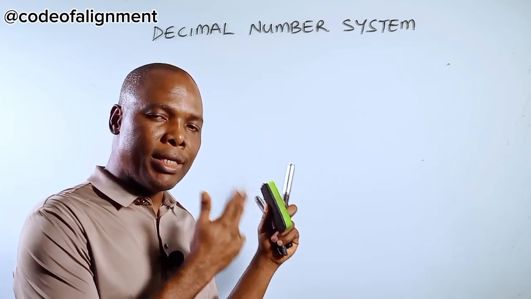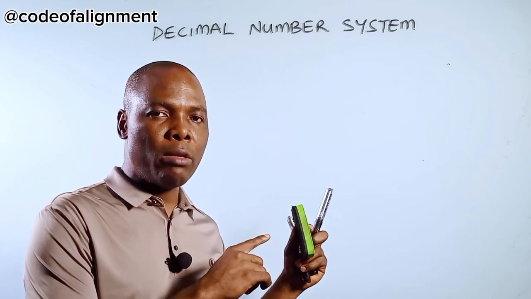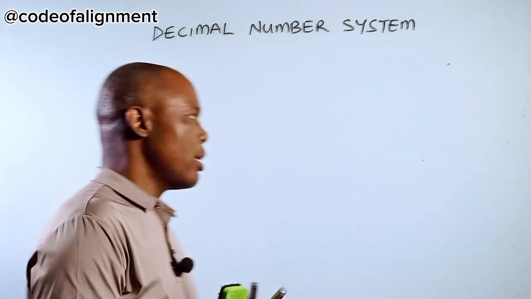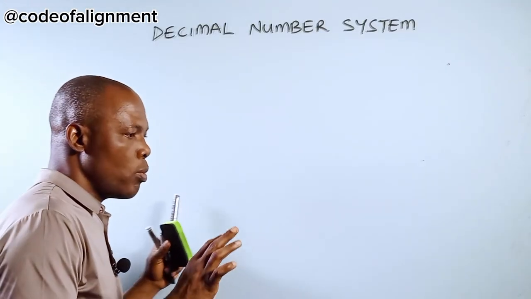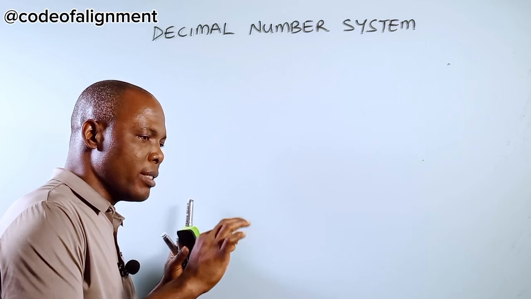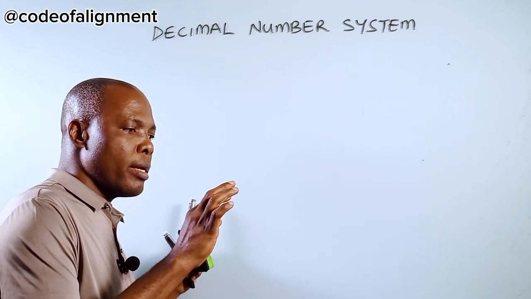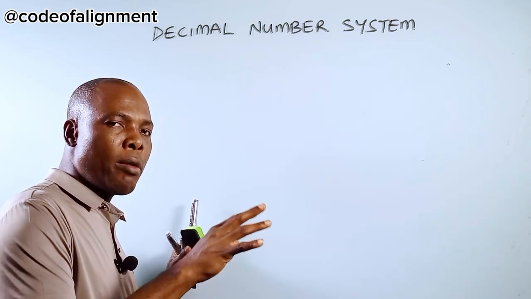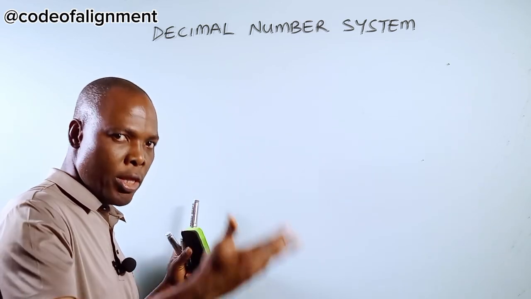Now, in this class, I am going to teach you the decimal number system, which is actually a type of positional number system. I told you a number system answers the question of the number of symbols you use in representing numbers and how you combine these symbols to give you a number.